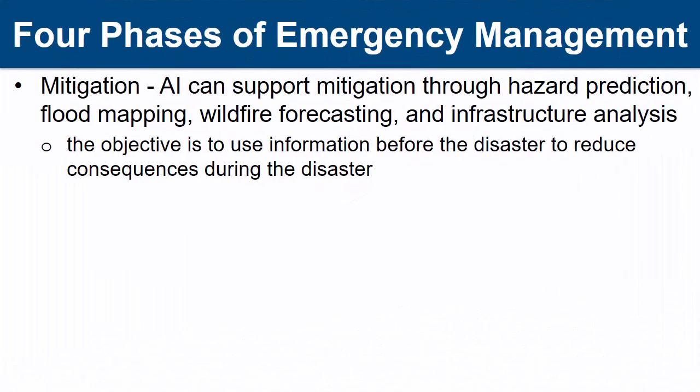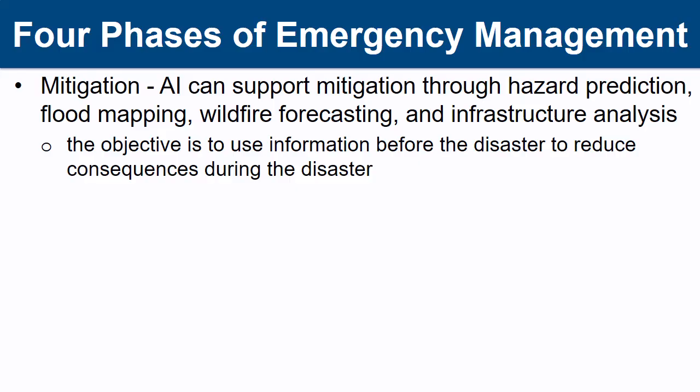Let us begin with mitigation. Mitigation involves actions taken to reduce or eliminate long-term disaster risk. AI can support mitigation through hazard prediction, flood mapping, wildfire forecasting, and infrastructure analysis. For example, AI systems can analyze large amounts of environmental and historical data to identify locations with elevated disaster risk.